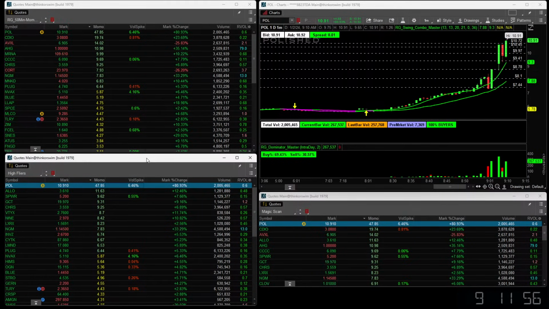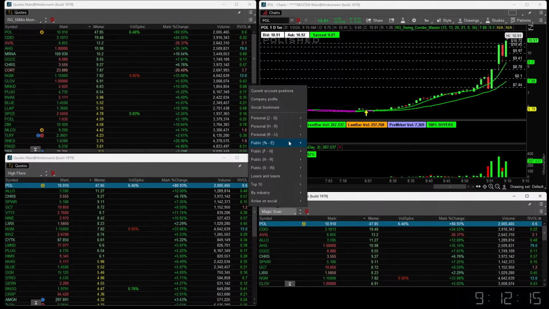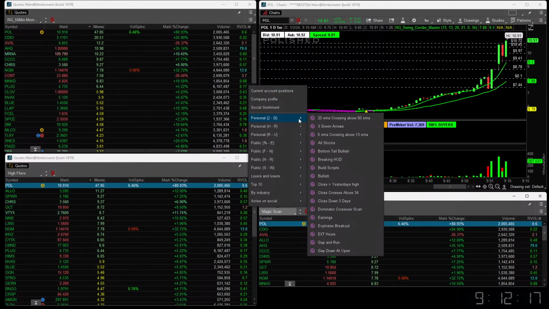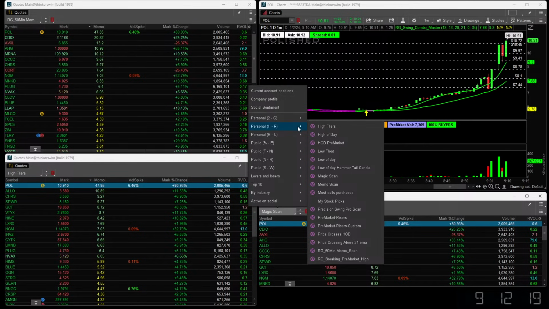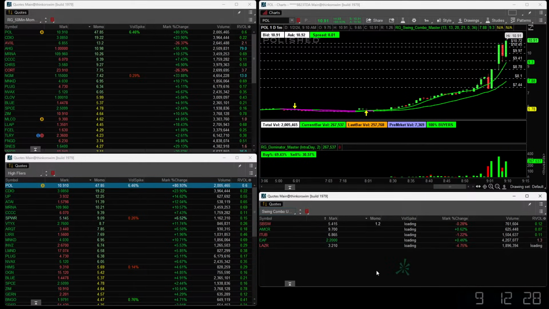We do have one, Hamrick. We do have the swing crossover scan. Swing combo up and down right here.